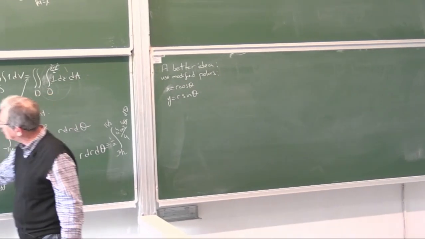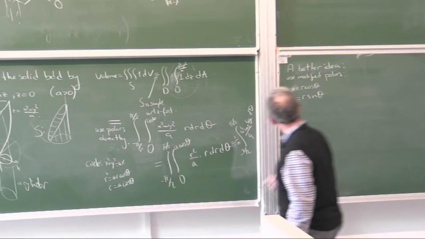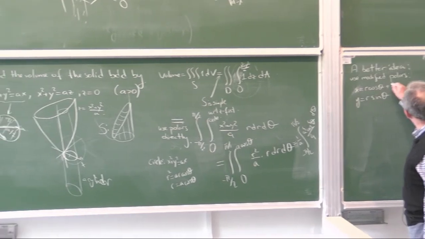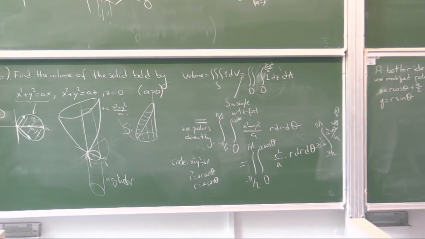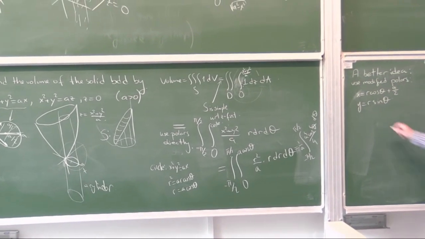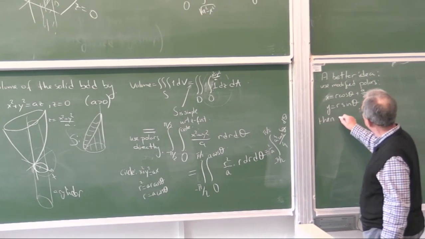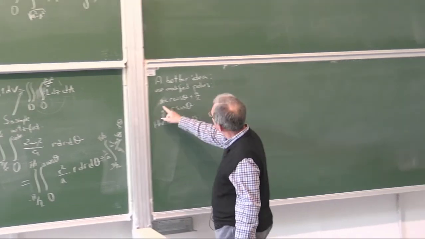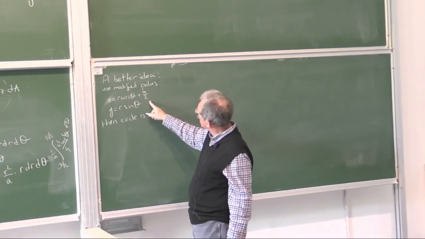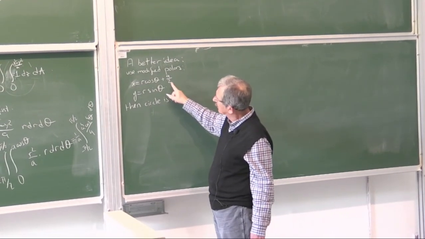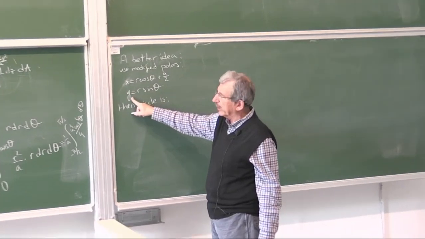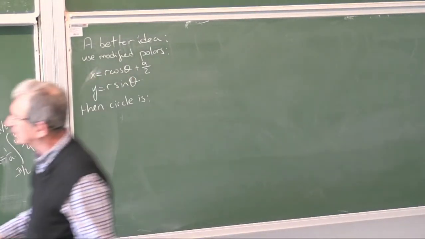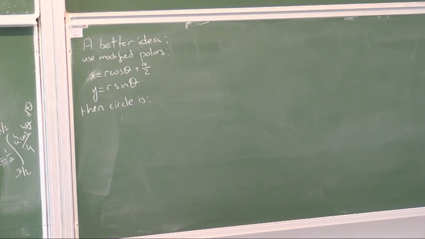Well, its center is shifted by a over 2, so we add a over 2 here. Then the circle becomes x minus a over 2 squared plus y squared, that is the circle, actually. It's the shifted one here.